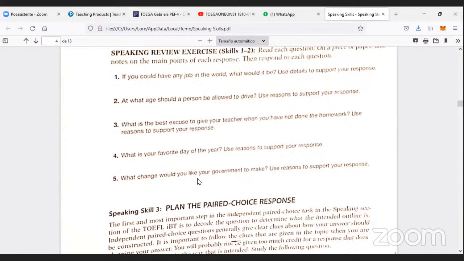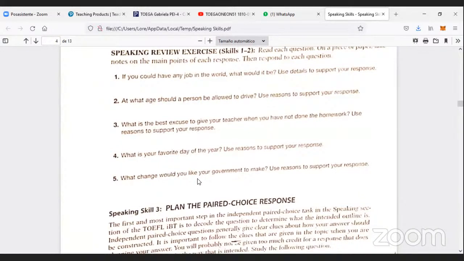Okay. I think that a person should be allowed to drive with, I know, 18 years old. Why? Because I think at that age you are a little bit more mature in terms of personality.